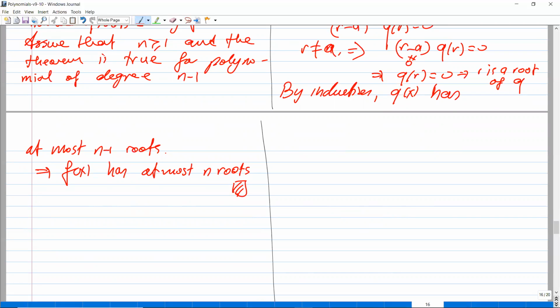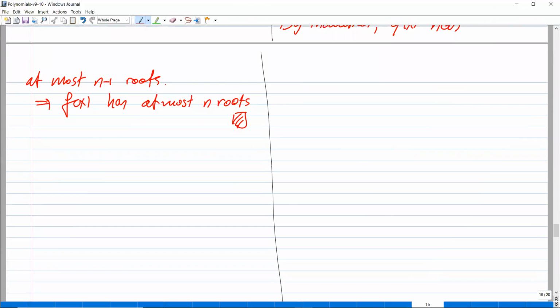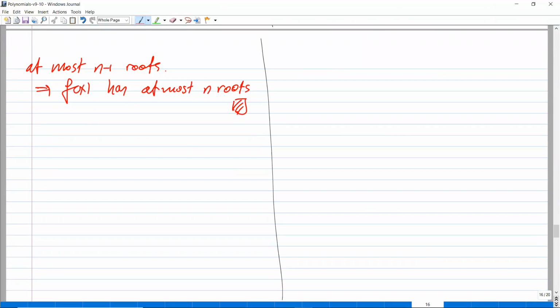Next. Now, let's talk about algebraicity over a ring. So here's a definition.